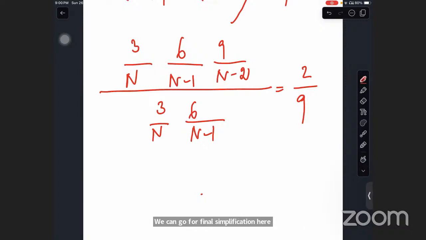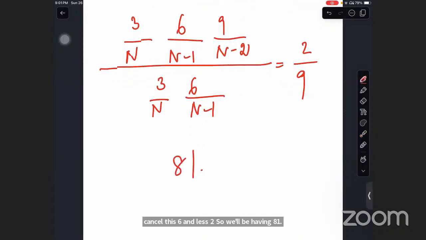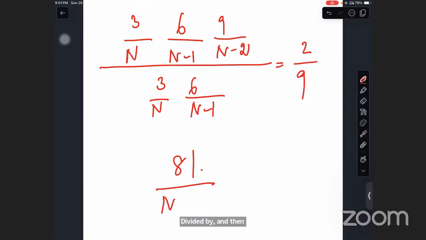So we can cancel the terms here. We can cancel this 6 and this 2. So we'll be having 81 divided by n into n minus 1, you can cancel n minus 2. And here we have 3 and 6 also, this also you can cancel.